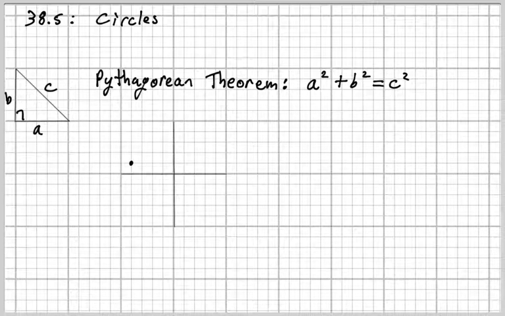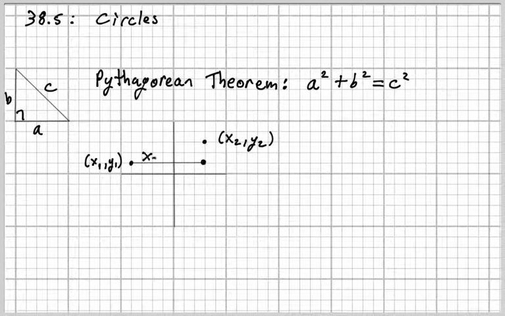If we draw our xy plane and we pick a point over here which we'll call x1, y1, and another point x2, y2, and we draw a triangle here, the length of that base is going to be the difference between x2 and x1 in absolute value. Since x2 is further to the right, this length will be x2 minus x1.